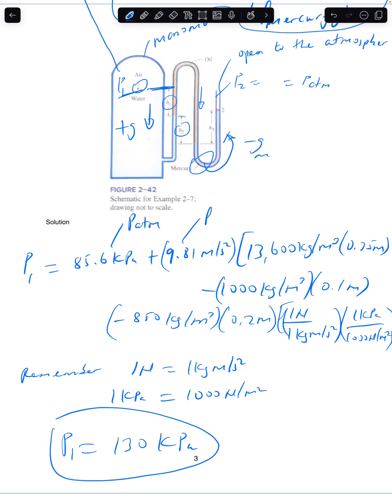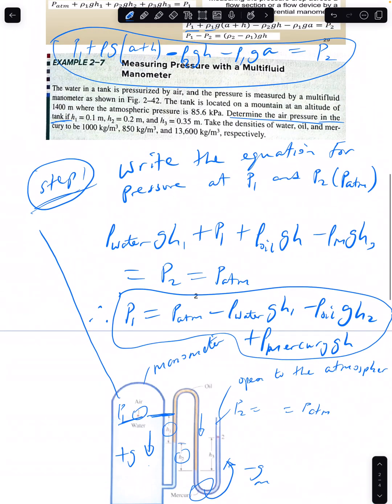So this is the atmospheric pressure. This is density of water, like you see in this problem here. We have atmospheric pressure, the density for water, the density for oil, and the density for mercury.